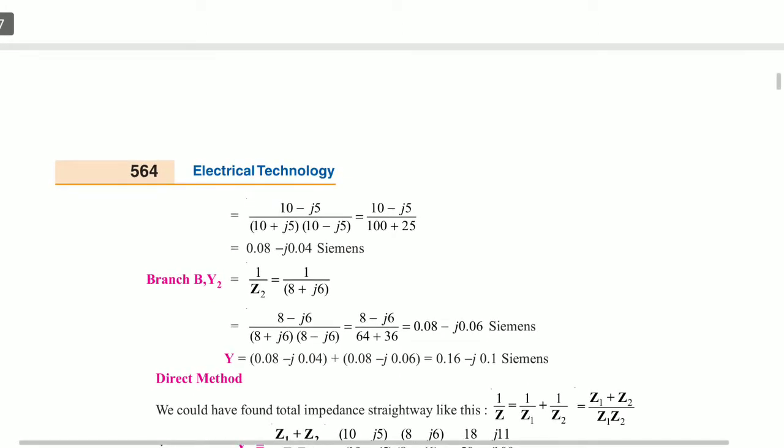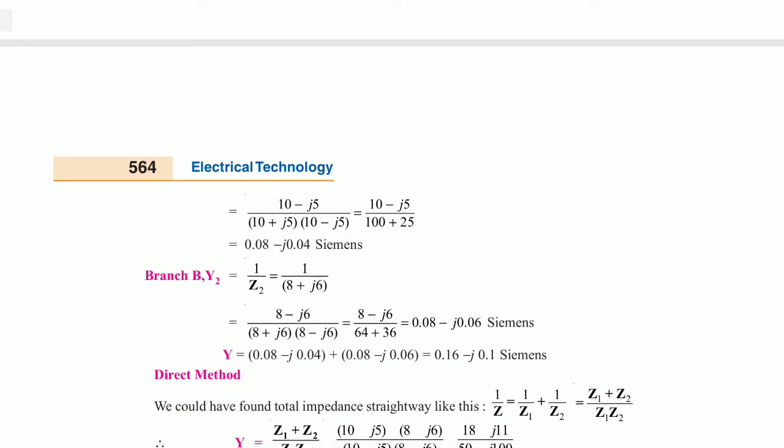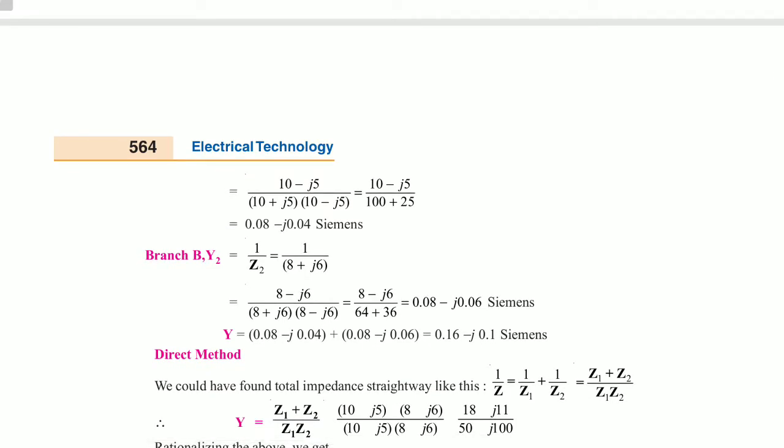Branch B or branch 2: Y2 is equal to 1 by Z2, that is equal to 1 by 8 plus J6.